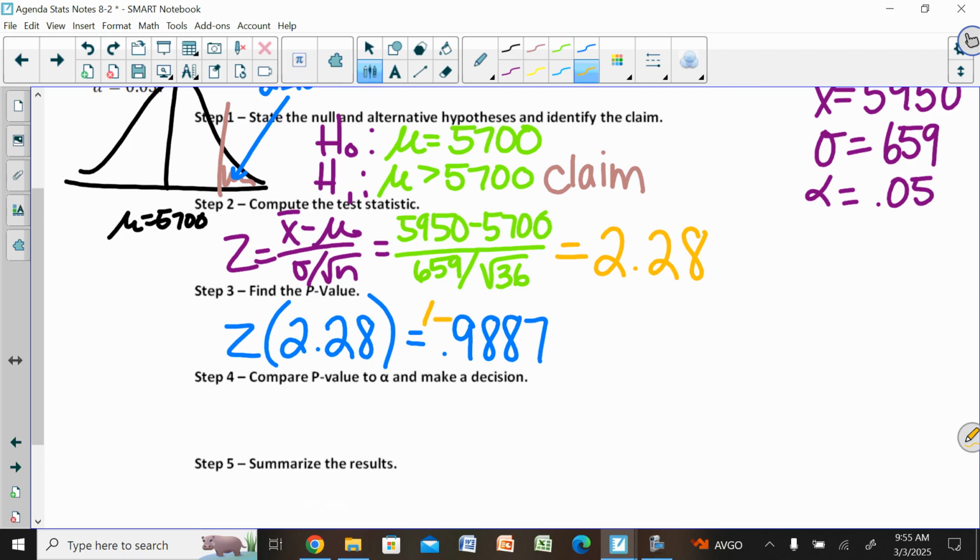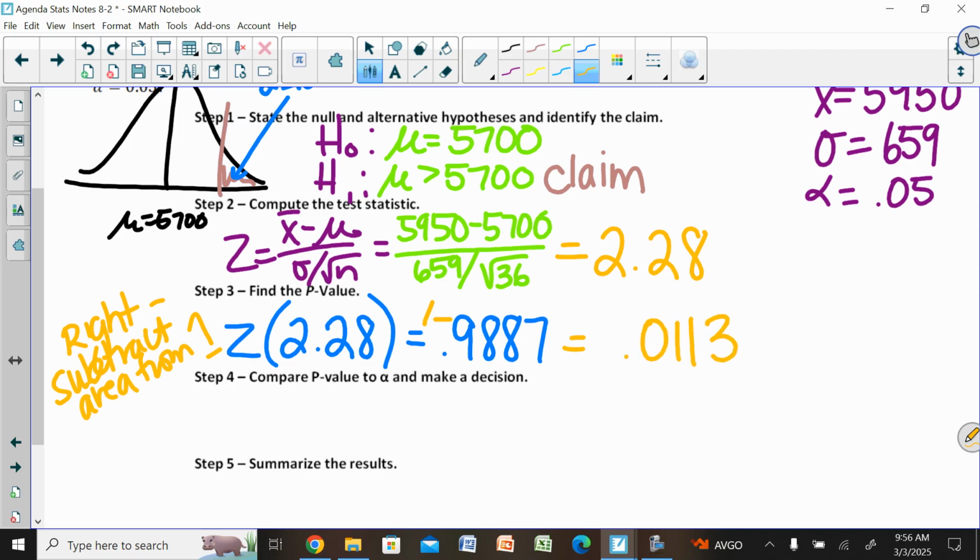So right-tailed, subtract the area from 1. So if I do 1 minus 0.9887, I get a 0.0113. This is my p-value.